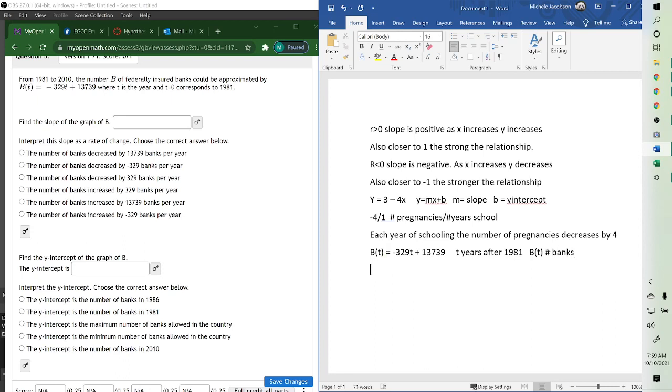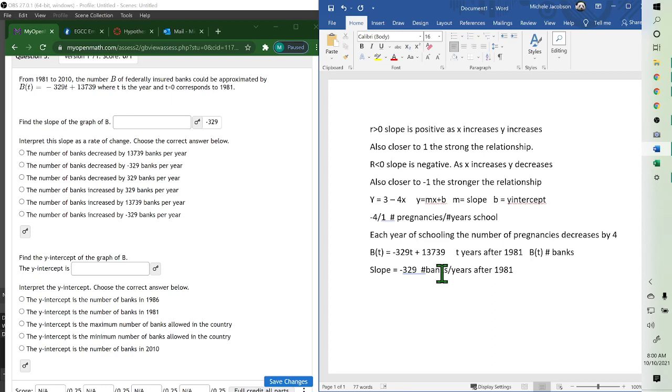Okay. Slope. The slope is attached to the variable, so the slope is the negative 329. And remember, this is our x, so it's number of banks divided by years after 1981.